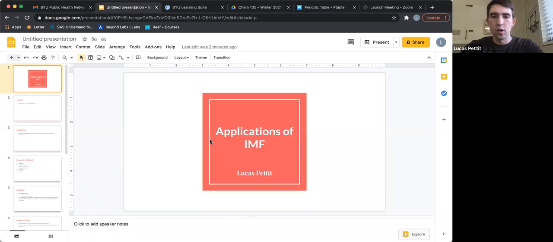So, intermolecular forces. What's important to remember and review really quick is that there are different kinds of intermolecular forces that exist, where we have the London dispersion forces.